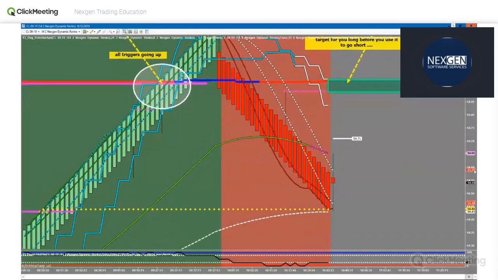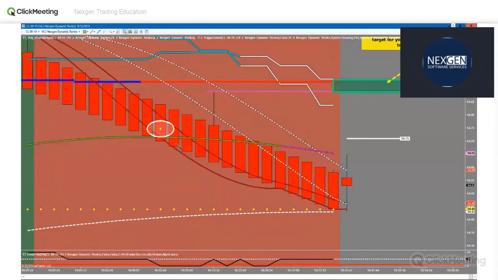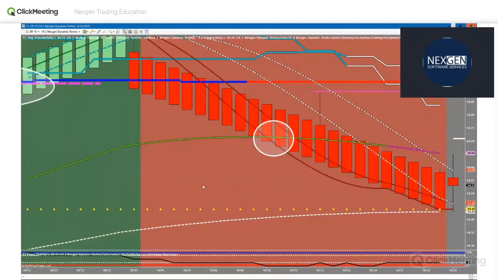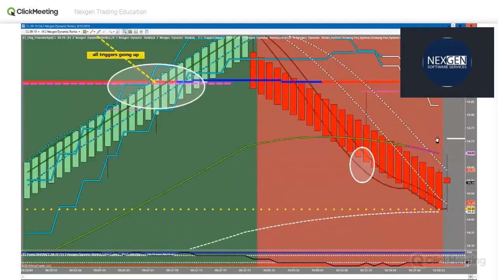So, Melby, look, you tell me what the triggers look like when we were at this green midband. See how it had no chance of holding? Because of the trigger line configuration. And the more the triggers got below the midband, the more likely the midband is going to break. You see what I'm saying? So right now, it's likely that the midband is probably going to hold and take us back down.